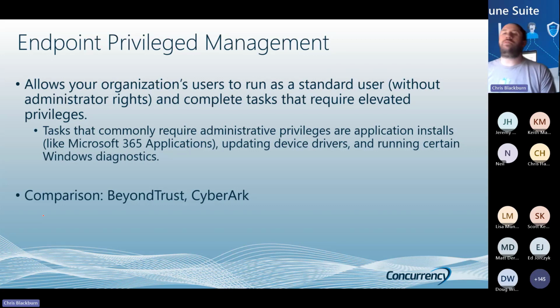Being able to allow users to self-elevate access to those apps, with auditability behind it, built into that single platform that is Intune, is really flexible, and it's really easy to roll out to your end users.